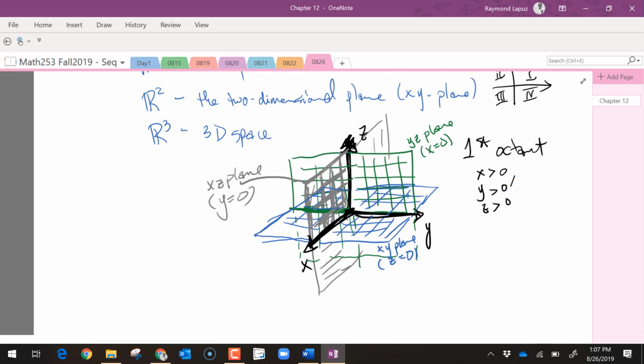And then the fifth, sixth, seventh, and eighth octants would be when z is negative, in the same order. Can you picture that? The fifth octant would be right below the first octant. So it'll be the same numbering system as the quadrants, except when z is negative, it'll be 5, 6, 7, 8.